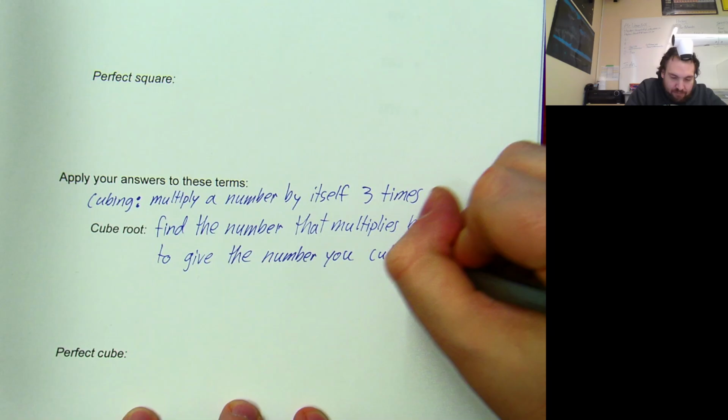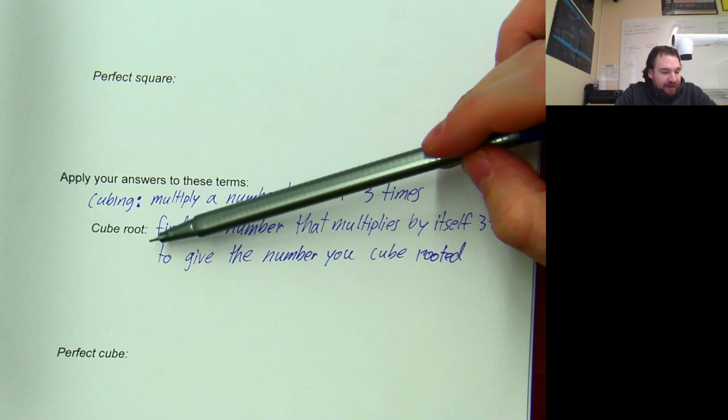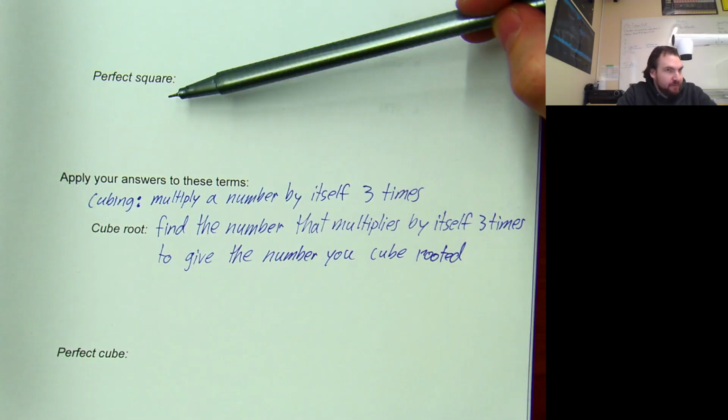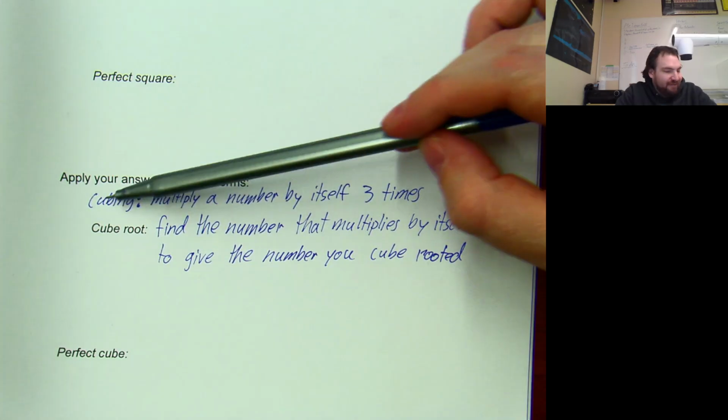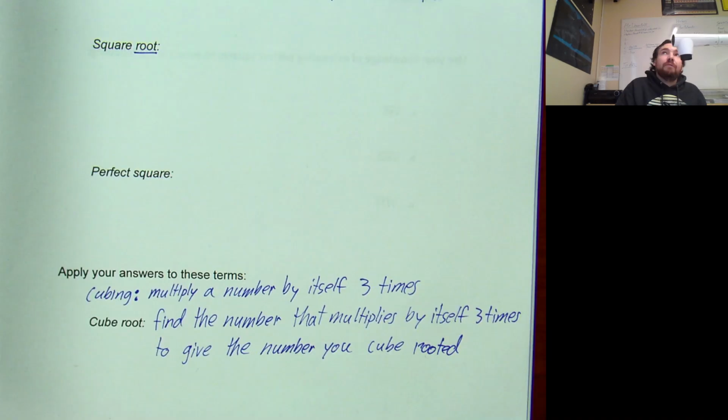Sometimes I try to explain cubing and cube rooting in terms of square rooting and perfect squaring. But this seems to work for you guys. Cubing and cube rooting. Before we go a lot further, has anyone ever stopped to think about that word root?